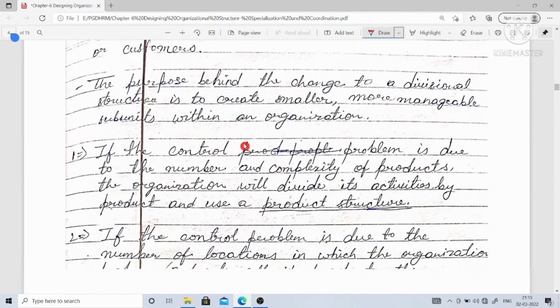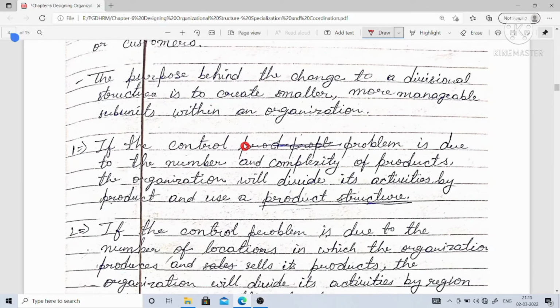The purpose behind the change to a divisional structure is to create smaller and more manageable subunits within an organization. So why do we choose divisional structure?